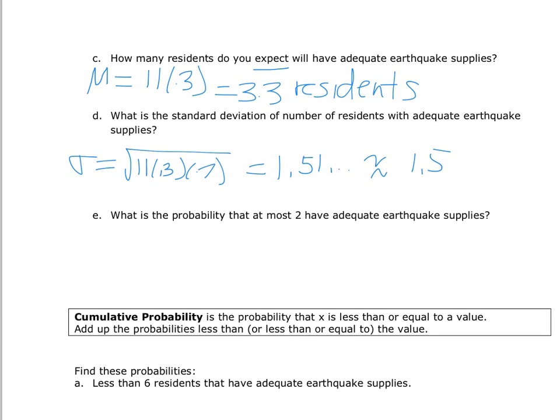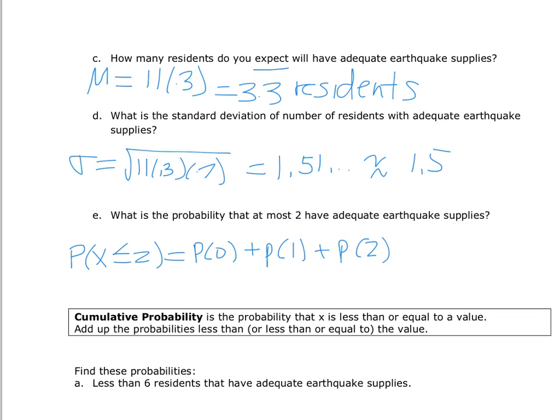Okay, let's look at this next one. What is the probability that at most 2 have adequate earthquake supplies? Here, we're not asking for one value, we're asking for at most 2, which would be x less than or equal to 2. So if we're going to use our formula, we would have to find the probability that x is 0, x is 1, and x is 2.